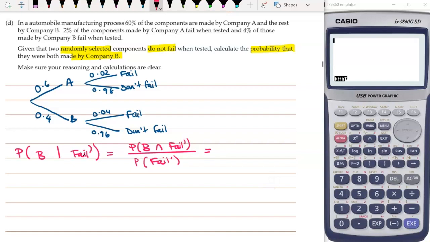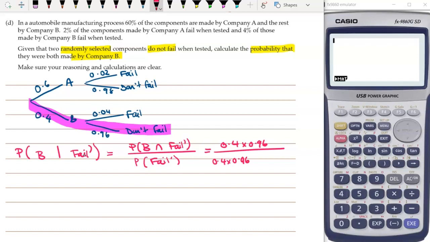Okay, so for picking B and it didn't fail, we are looking at this branch just here. Oh, whoops, sorry, not that one. Didn't fail. It's this branch just here. Okay, so we will have 0.4 times 0.96. And the chance of getting a component that doesn't fail will be what we've just worked out as 0.4 times 0.96.